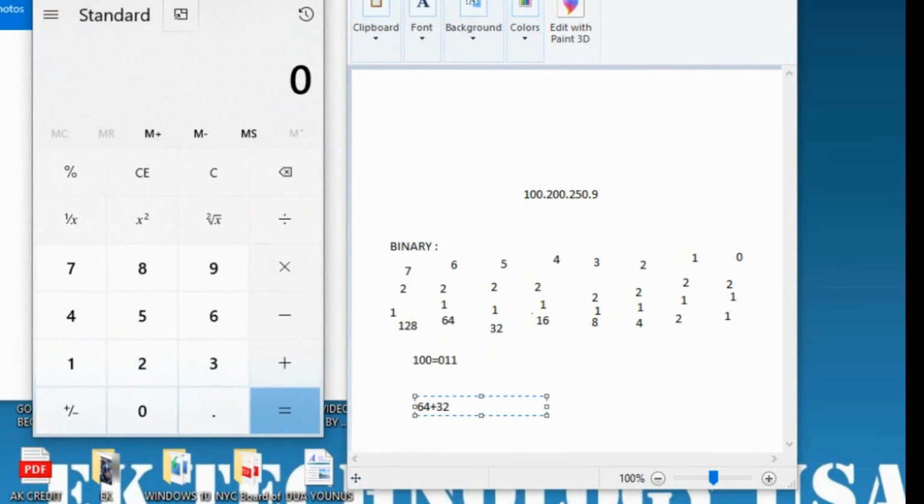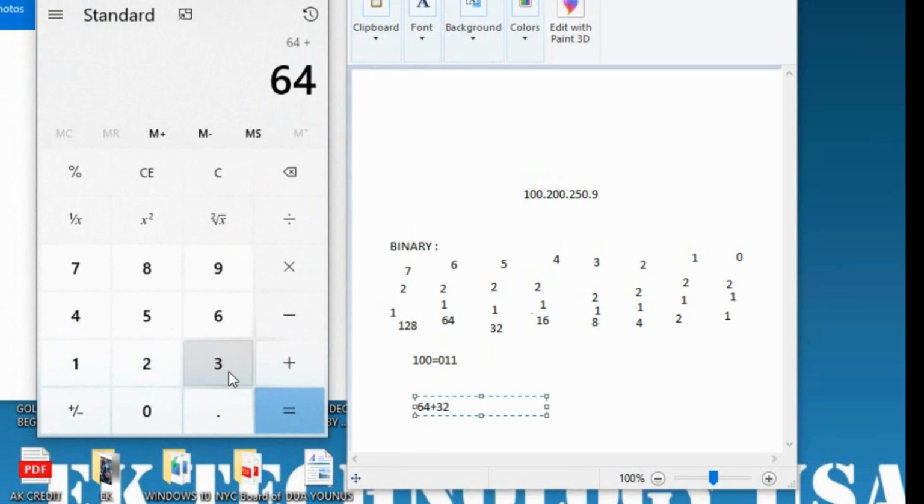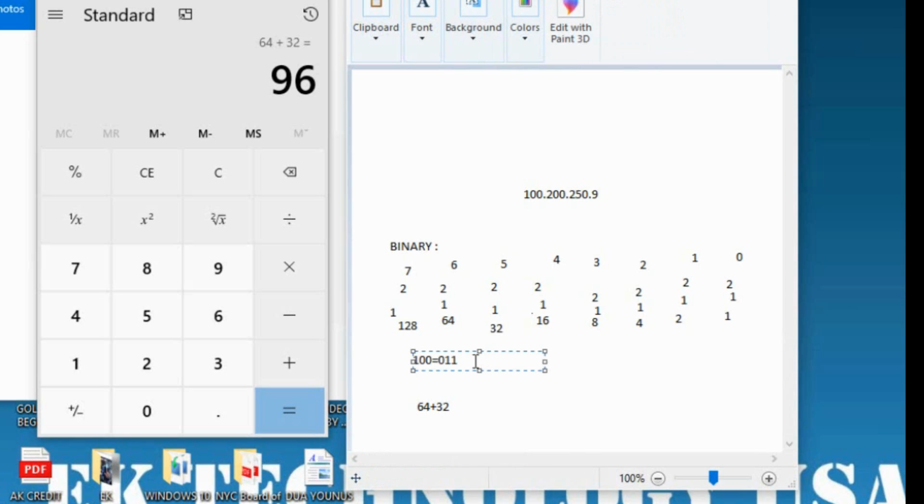So now 64 plus 32 is 96, and we have these two values, 64 and 32. Now we go to 16: no, we have no value for 16.